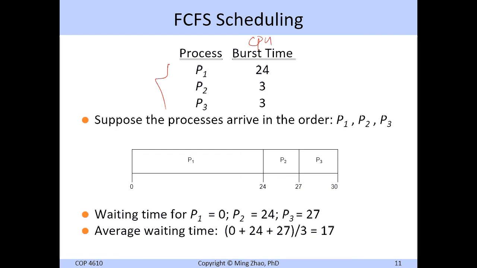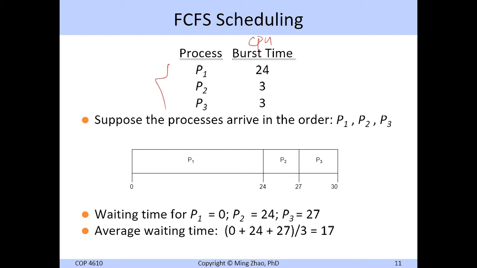All right, so let's look at this example. We have three processes, each with a different CPU burst duration. The unit of time is not important here, so we just consider it a unit time. It can be millisecond or second, probably more likely millisecond, but that doesn't really matter.